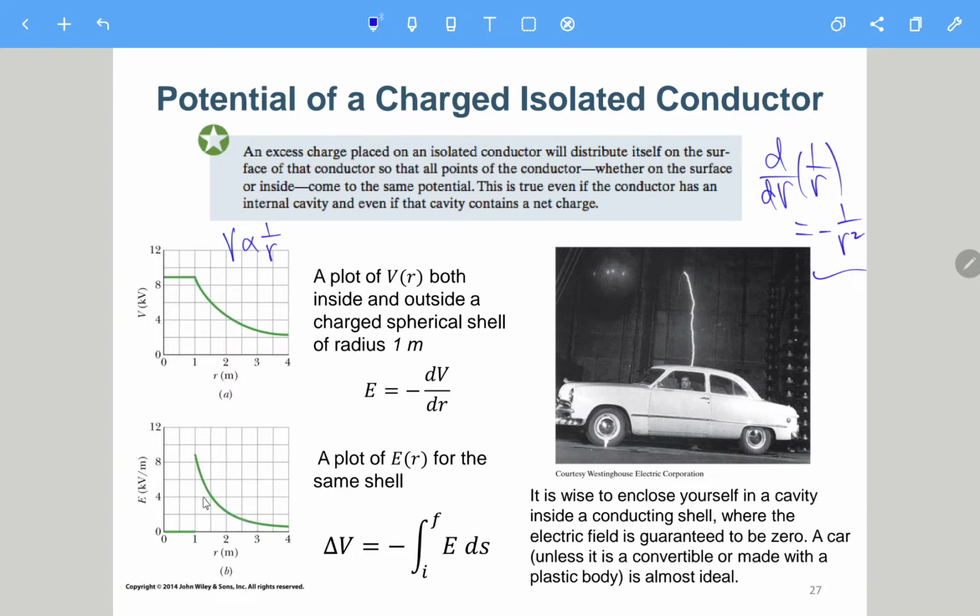So E is inversely proportional to R squared. Or if you integrate this one, you add 1 to the order, so it becomes 1 over R, and we can use this to get the potential.